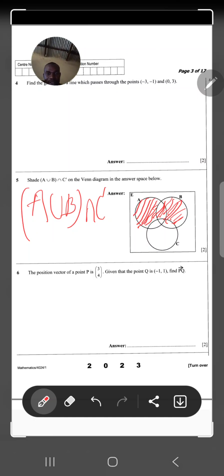This is the final answer. We'll leave out the whole C, but we get all the A's. Okay, so this is how we find the answer there.